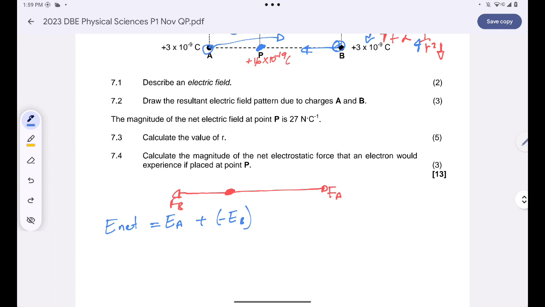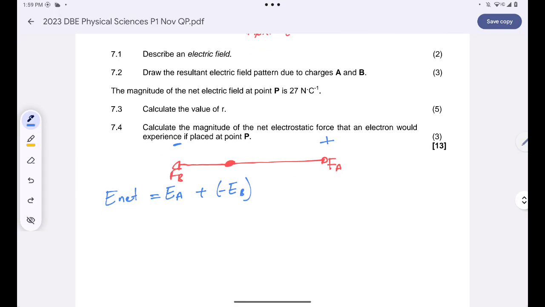Because B is pushing charge P to the left hand side. So if I'm choosing any movement towards the right to be positive, that means any movement towards the left will be negative, right? Please note, guys, that whenever you deal with vectors, you must always choose your direction.